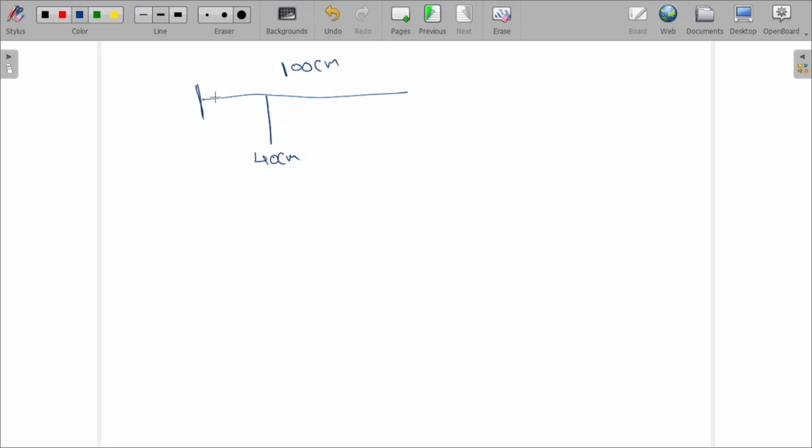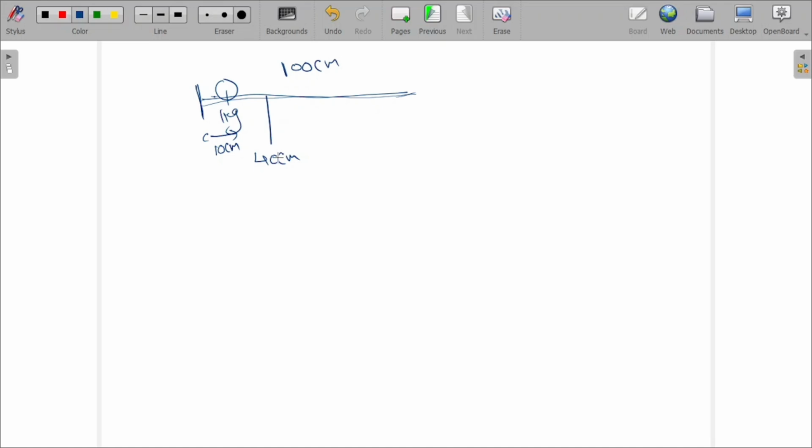Here it is balanced when they keep a 1 kg mass at a distance of 10 centimeters. They are asking what is the total mass of the scale.